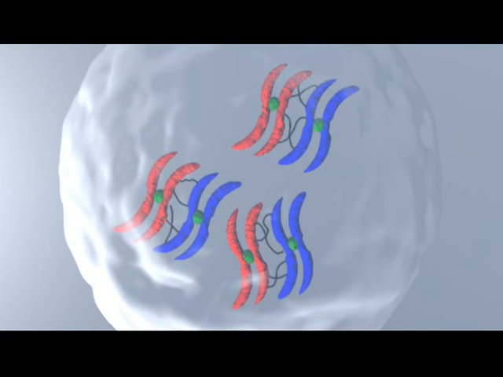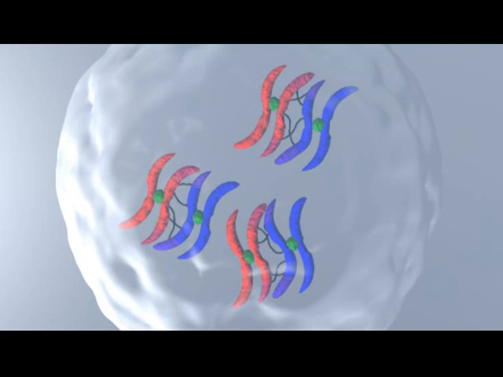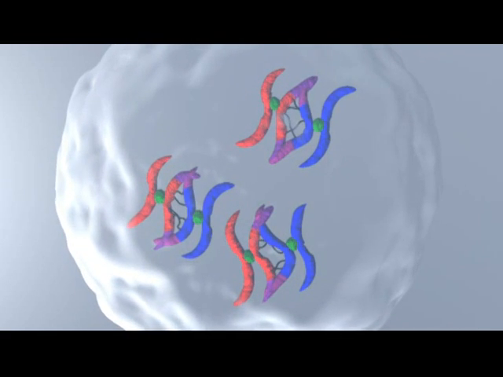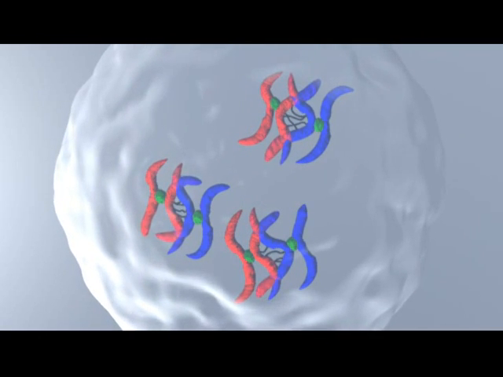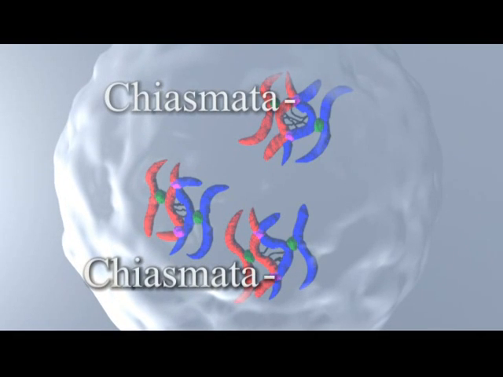After the genes of the homologs are lined up, special enzymes exchange corresponding sections of genes between the 2 homologs. In the course of exchanging these sections, the paternal and maternal chromosomes come to cross over one another at points along their length, called chiasmata.